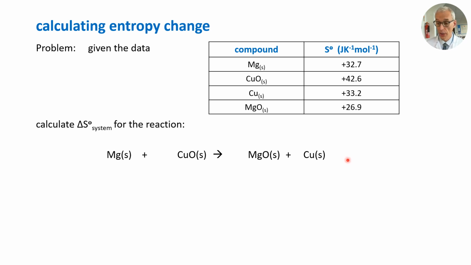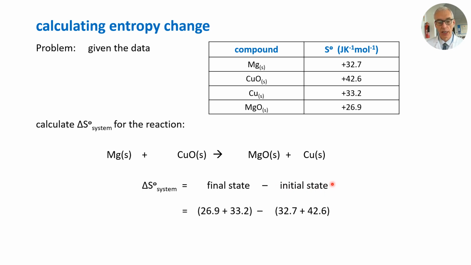Okay, so I'm going to reveal my ideas. Again, I'm saying the change in entropy is the final state minus the initial state. So my final state is the entropy of magnesium oxide, 26.9, plus the entropy of solid copper, 33.2.